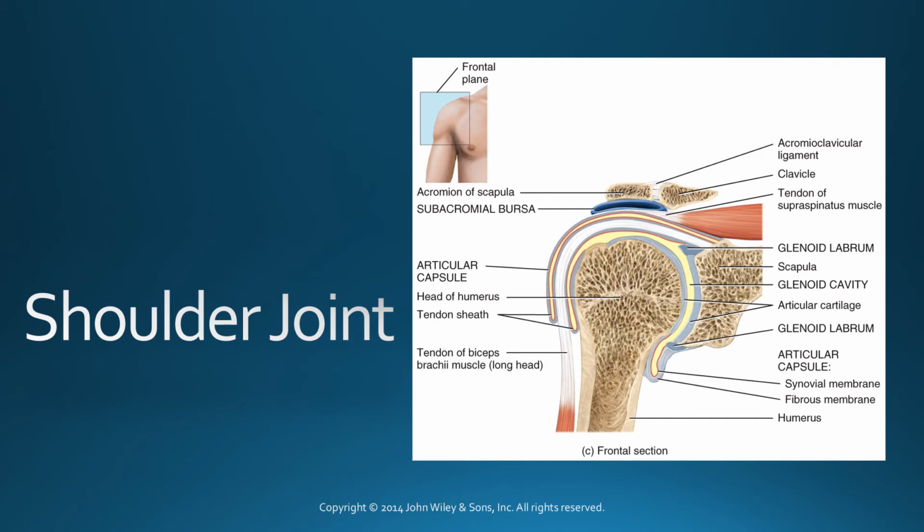The freedom results from the looseness of the articular capsule. So it's not a very tight capsule, and also from the shallowness of the glenoid cavity. This glenoid cavity is not very deep, it's pretty shallow, allowing for more movement, and this is in relation to the really large size of the head of the humerus.